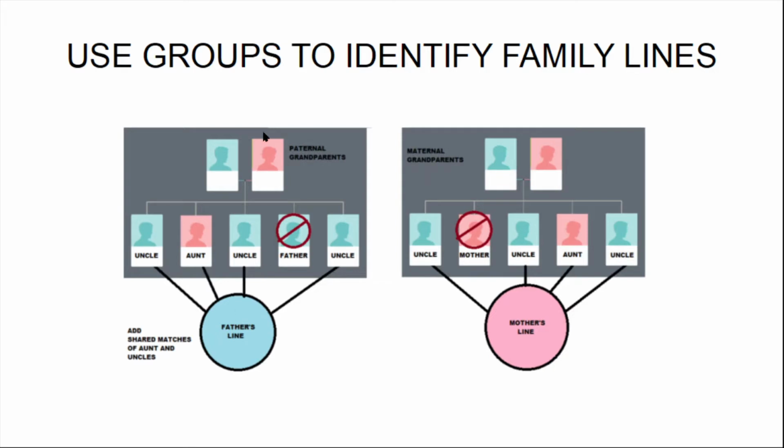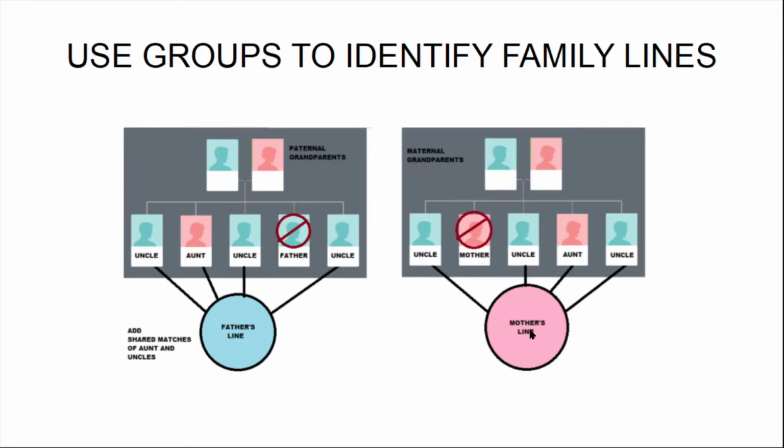If you want to find people that are related to your great-grandparents, your father's line, if your father had brothers and sisters, the descendants of his brothers and sisters, if you looked at their shared matches with these people, you would find your father's line.